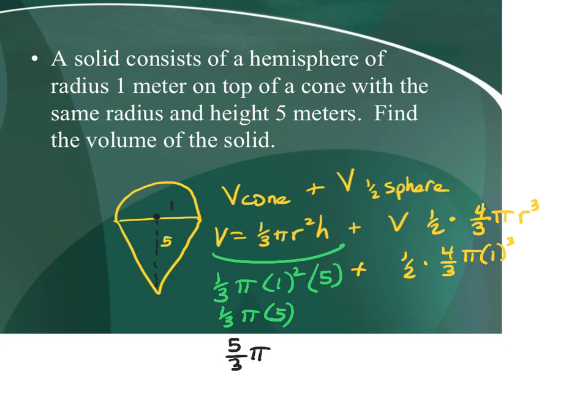So I'm going to add these. So I get 4/6 times pi. I could reduce this and make it 2/3. And this gives me 7/3 pi, and these are meters cubed.